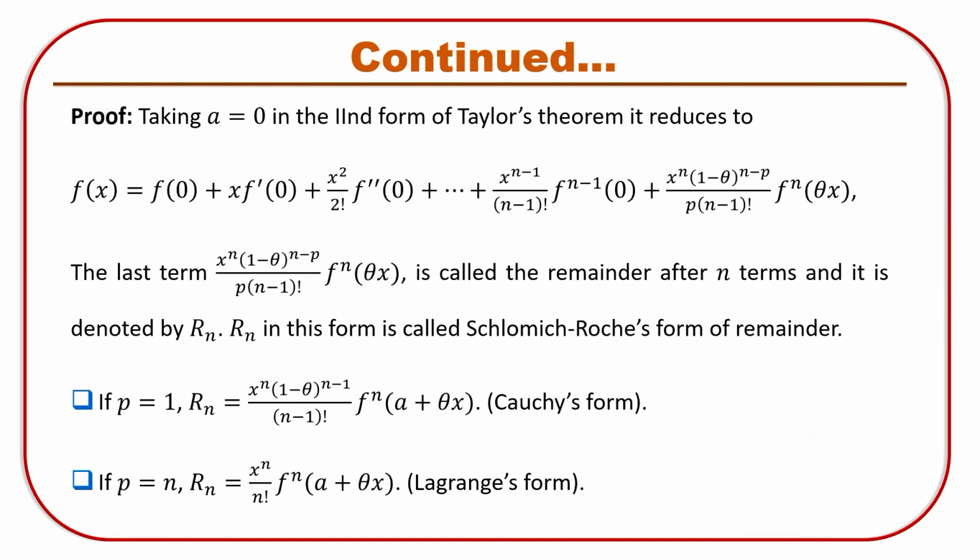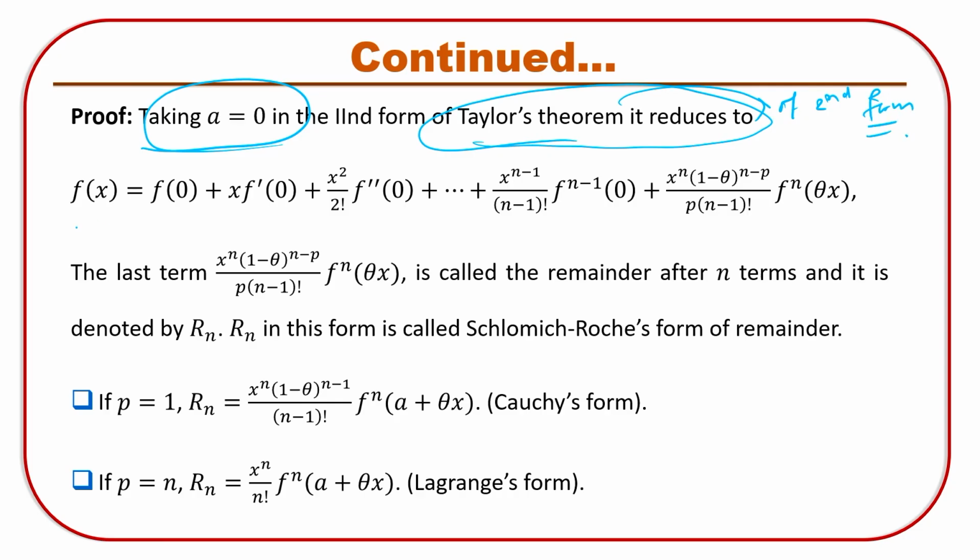So, how to prove this one, and there are some remarks over this theorem. Taking a equal to 0 in Taylor's theorem of the second form, it reduces to f of x equal to f of 0 plus x into f dash of 0 and so on, and the last term becomes x to the power n into (1 minus theta) to the power n minus p divided by p into (n minus 1) factorial, f to the power n of theta x.